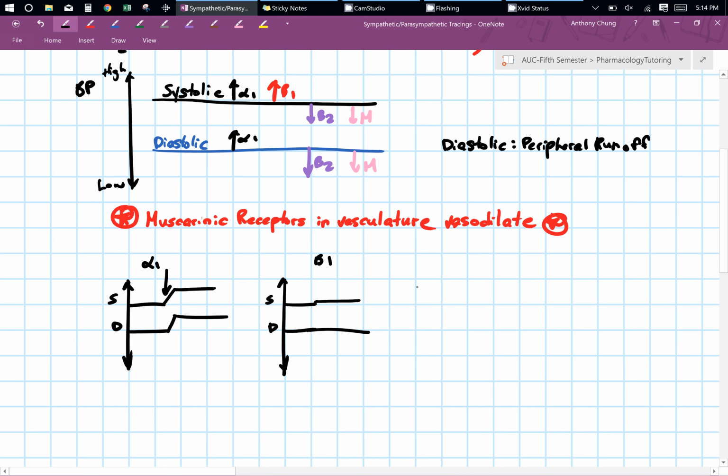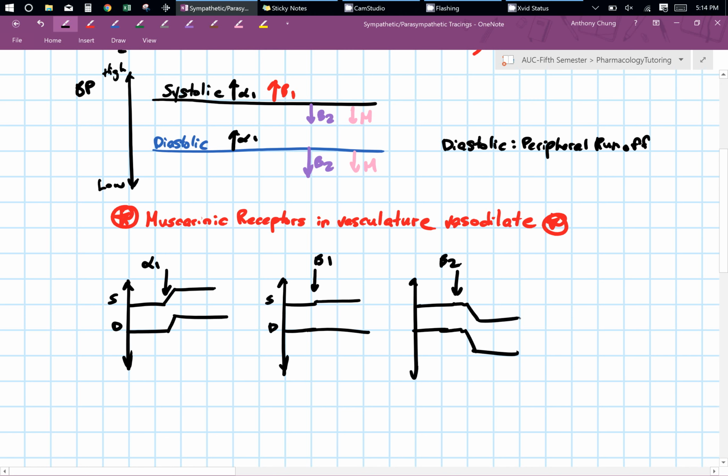Next one. So the next one's going to be beta 2. You have your beta 2. I'm just going to make sure that you know that I'm putting it in here. What happens to beta 2? Vasodilate. Vasodilates, blood pressure goes down. Okay, good. So we're going to move our pressure down like that.